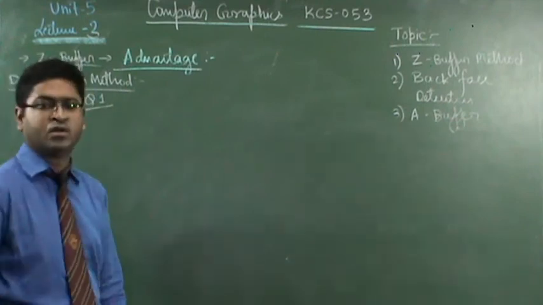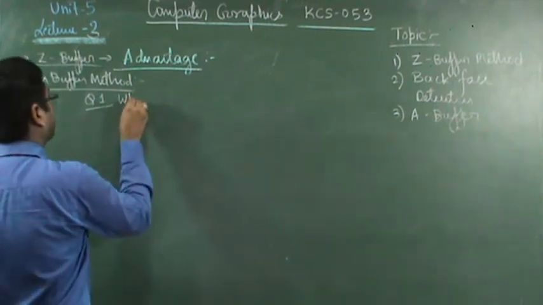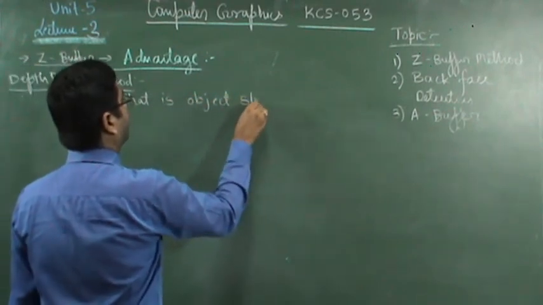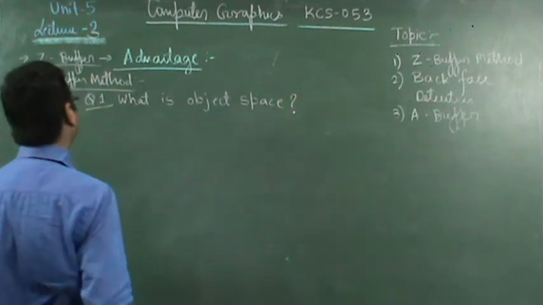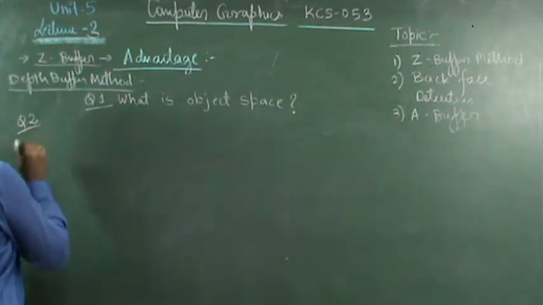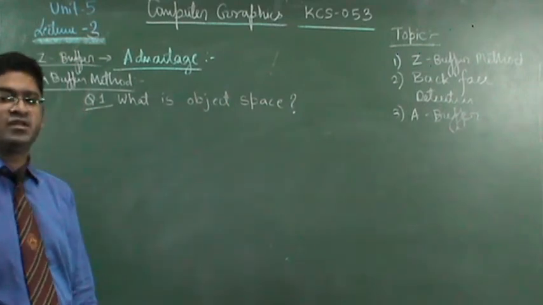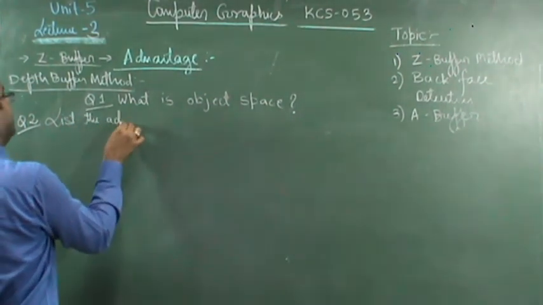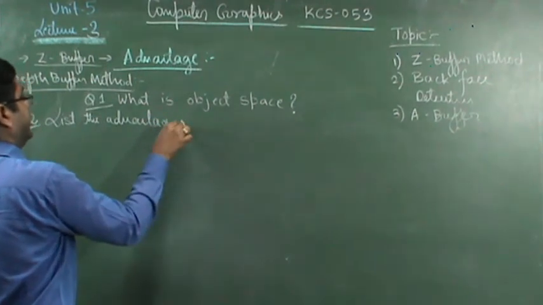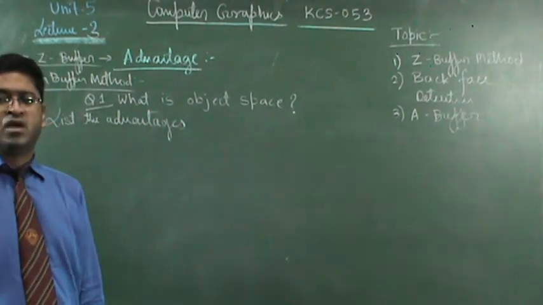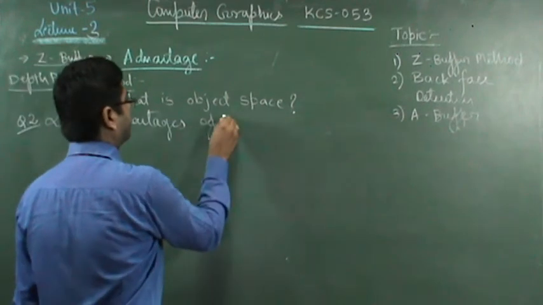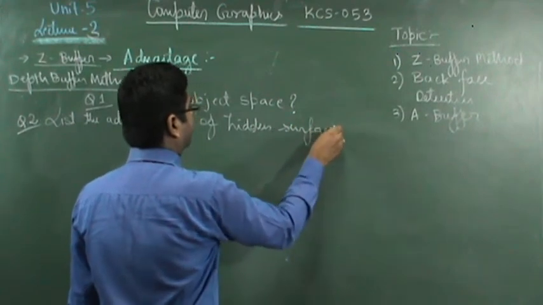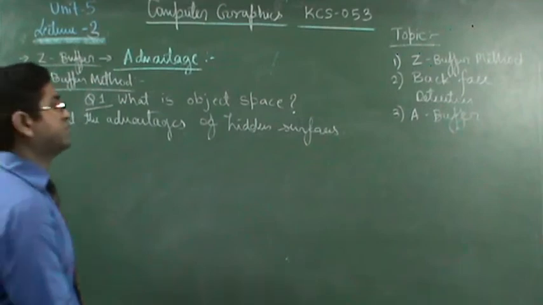Question number 1 is, what is object space? Question number 2, list the advantages of hidden surface elimination.